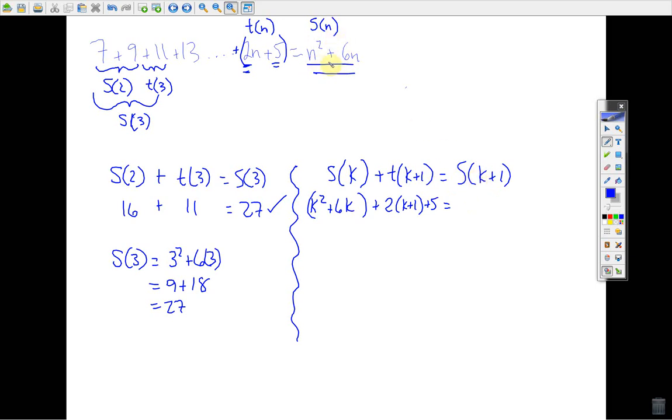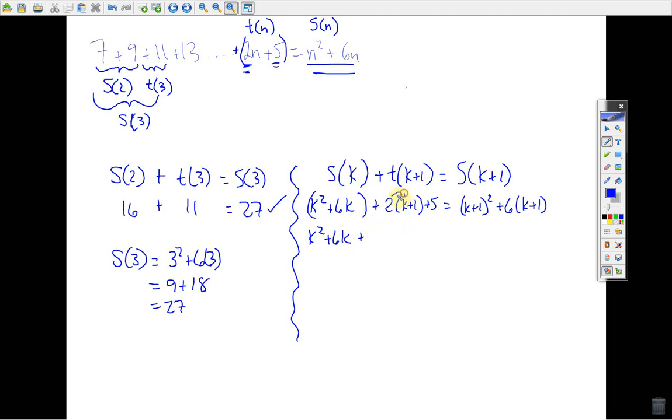So we go back up to our S expression, and we write (k plus 1) squared plus 6 times (k plus 1). So the k plus 1 gets replaced for the n here and for the n here. Now we just do some algebra and show that these two things are equal. So I'm going to do k squared plus 6k.